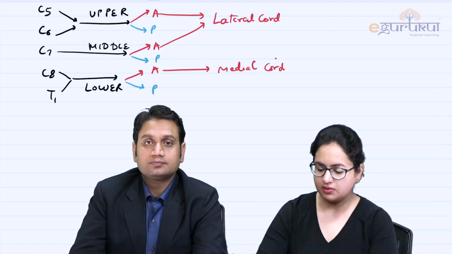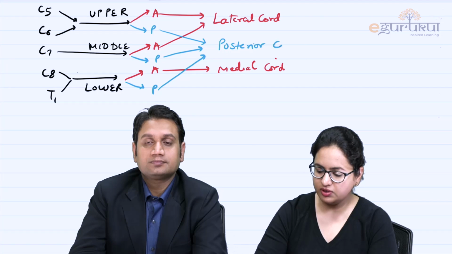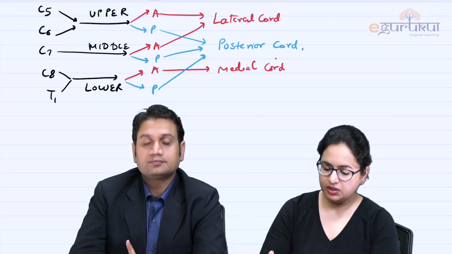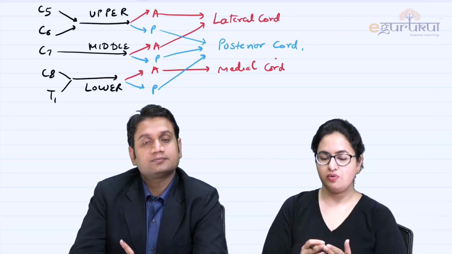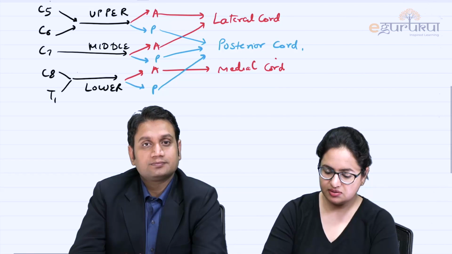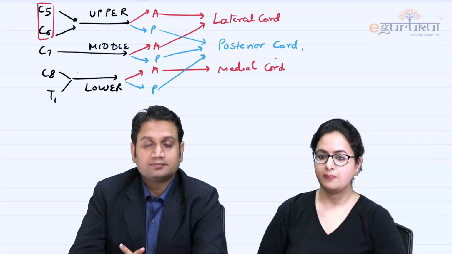The posterior divisions of all, the upper, middle and lower, combine to form the posterior cord. Whenever we talk about Erb's palsy, C5 and C6 are the nerves involved.